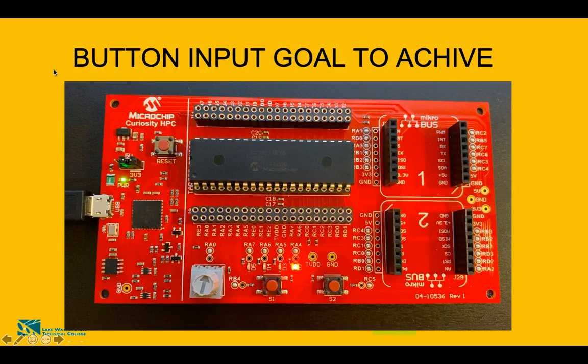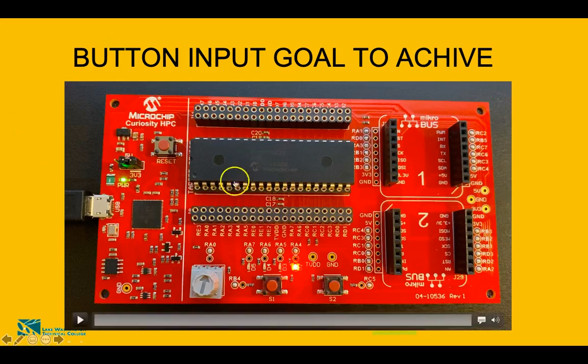Now I'm going to show you the program which is based on button input, and I'll show you how the whole code looks and how the flow chart for that program looks. But the first thing I'll show you is the goal, what we are trying to achieve, so that you have a big picture of what we are going to learn later in this lecture.